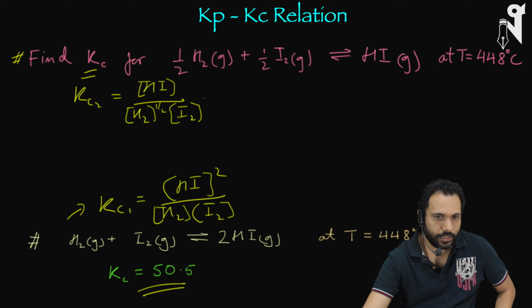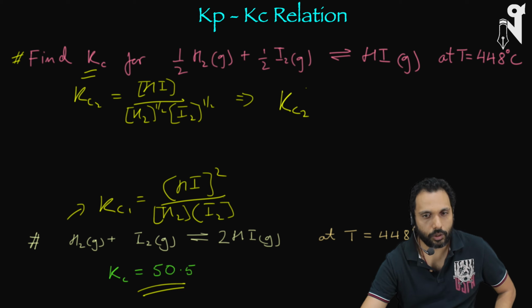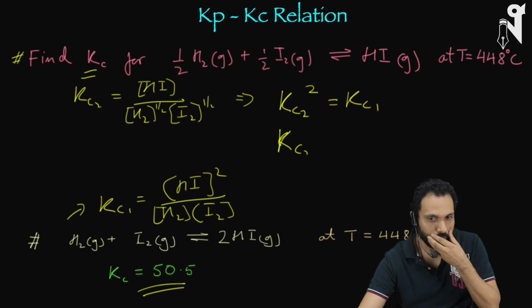Now, how are these two related? How are these two related? What we can see is, Kc2, if I square it, it becomes your Kc1, right? So your Kc2 would be under root of Kc1, again a constant.